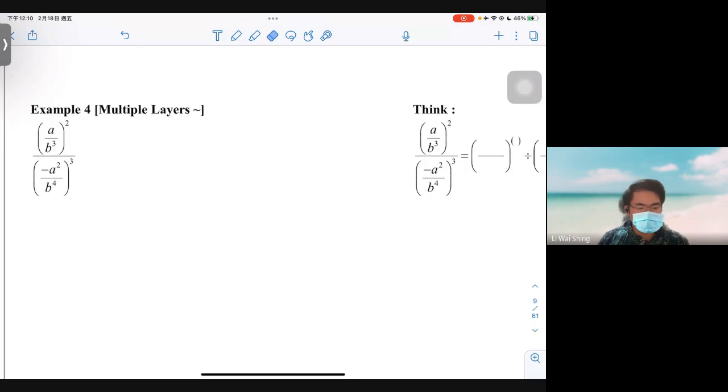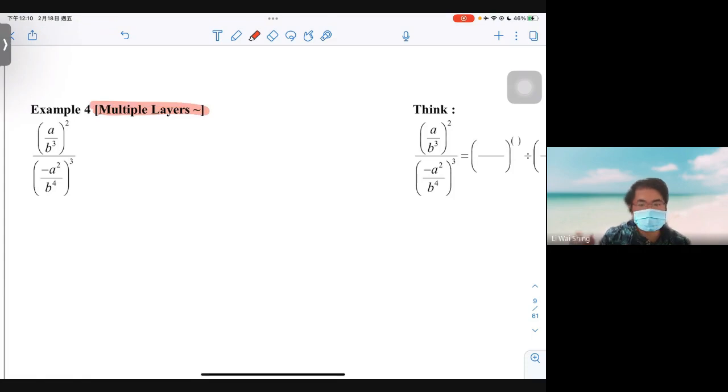Okay, there are 4 layers, 有4層，上面有份數，下面有份數。OK， 如果你要講嘅話，你就係 A 除以 B 3次方嘅2次方除以負 A 2次方除以 B 4次方嘅3次方。Okay, when you see multiple layers, how would you do that?